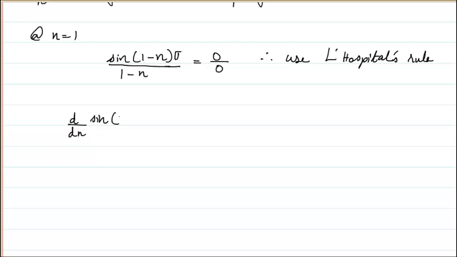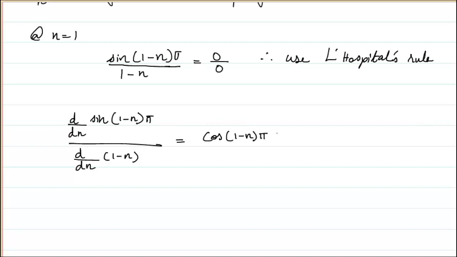Therefore I will differentiate with respect to n sine of 1 minus n pi divided by differentiate with respect to n 1 minus n, and you know that the differentiation of this one will turn out to be cos 1 minus n pi into minus of pi, okay, if you are going to differentiate it with n, and then in the denominator we will get minus 1.